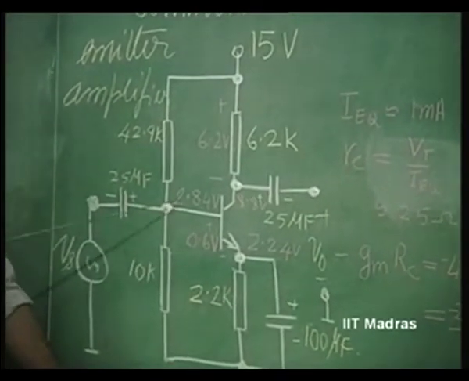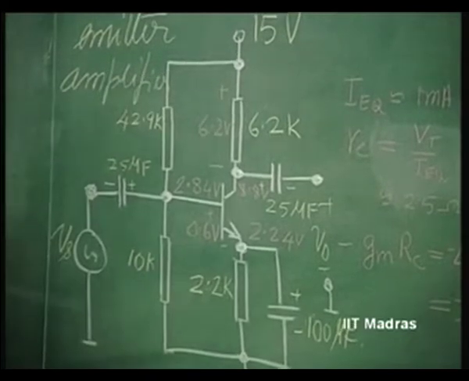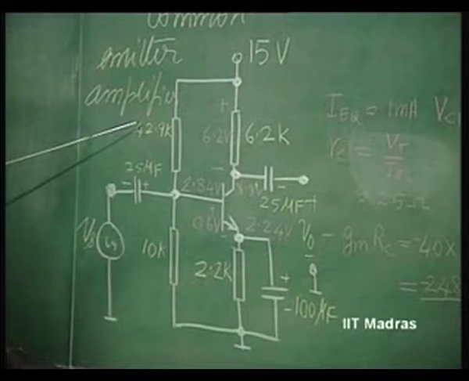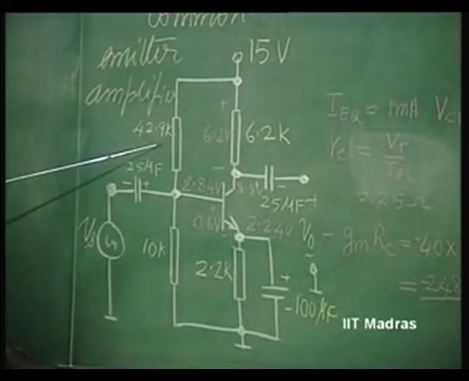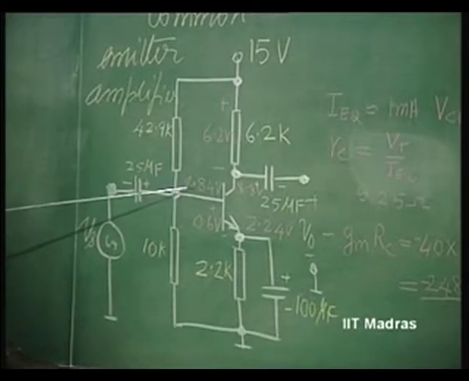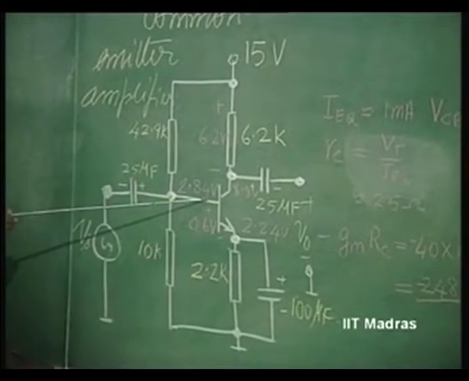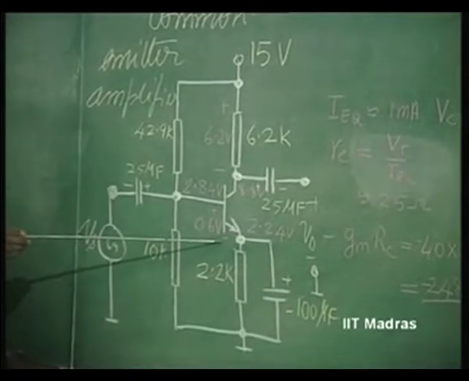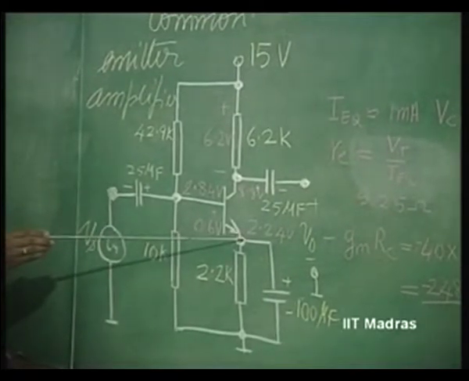Now, 15 volts is applied to a transistor amplifier with R1 equal to 10K, R2 equal to 42.9K. So, the quiescent voltage at the base comes out to be 2.84 volts calculated. If you take 0.6 as the VBE, the voltage at this point comes out as 2.24 volts.